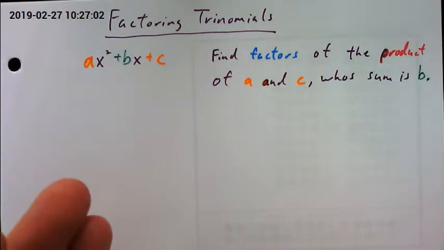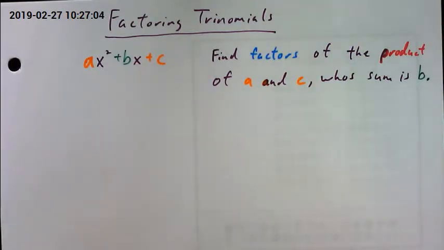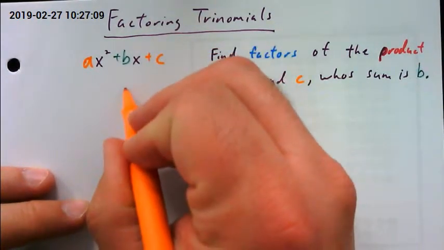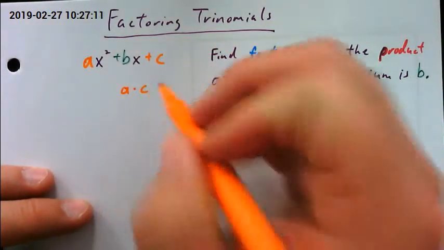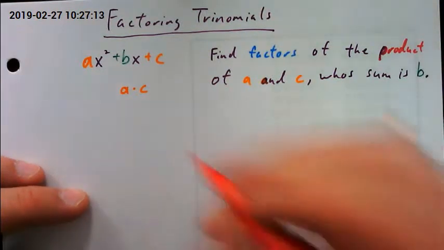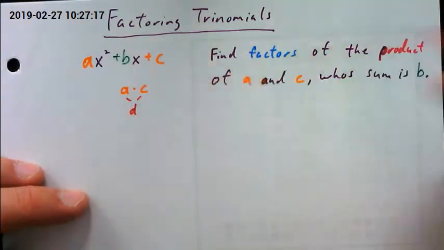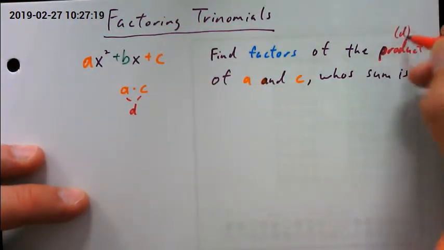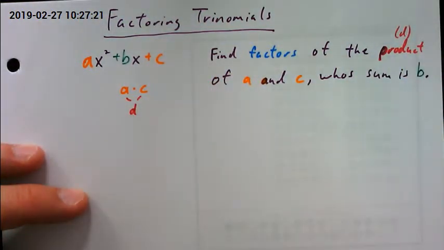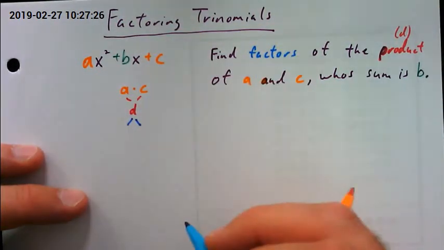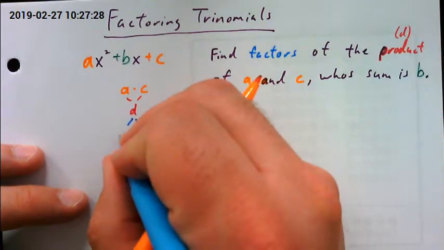That sounds really confusing, right? But what we're essentially doing is taking the A and C values that we have over here and multiplying them together. It's going to give us the product of those two, which I'm going to represent as D for right now. Then we take that product and factor it, so we'll end up with two factors.